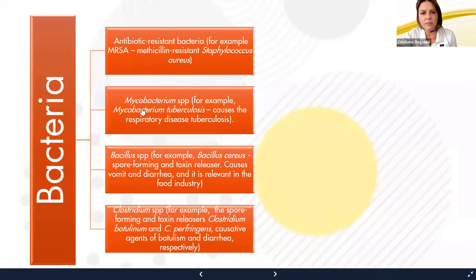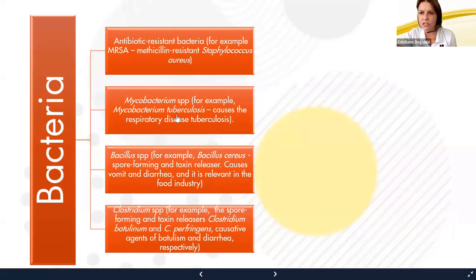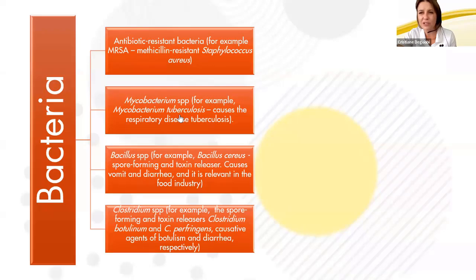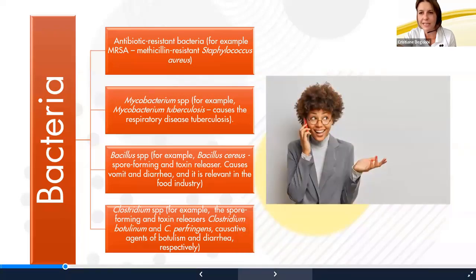If you have problems with Mycobacterium, the main one is going to be tuberculosis, which causes the respiratory disease called tuberculosis. If you have a problem with that one, it is going to be more difficult to inactivate. And also the protocol is different from the ones that we are going to talk about tomorrow. Please contact me, okay? I'm a very nice person.